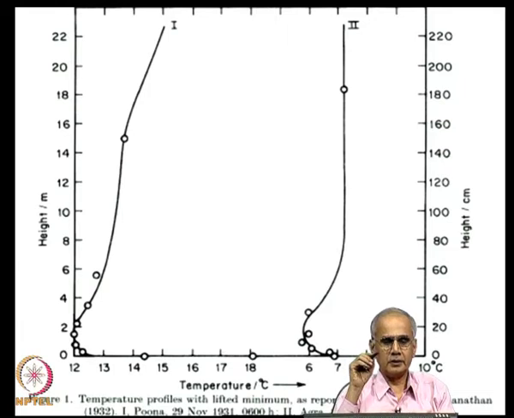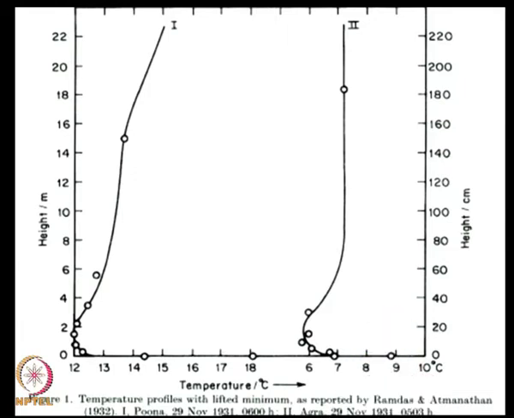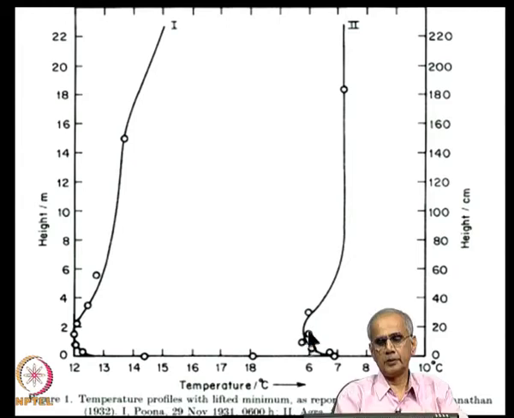And the question is, what phenomena controls the occurrence of minima not at the ground, but some centimeters or meters above it. Initially, various arguments were given.